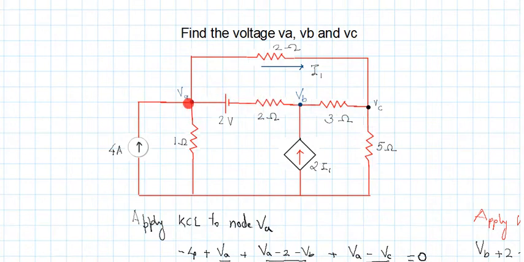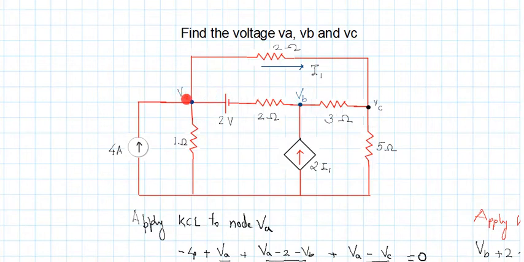VA minus 2 minus VB upon 2, right? What will be the total potential difference between these 2 points? It will be VA minus 2 minus VB, divided by the resistance of the path, which is 2. So VA minus 2 minus VB upon 2 will be the current in this particular branch.